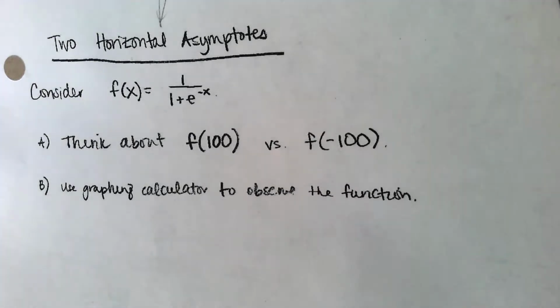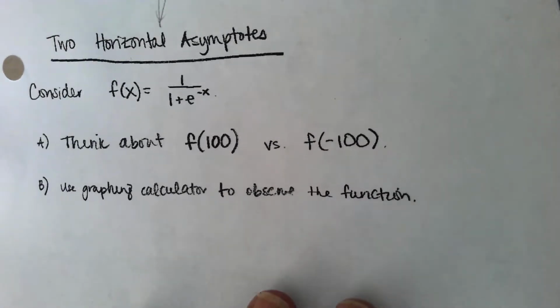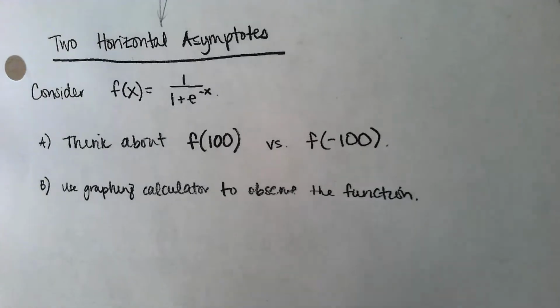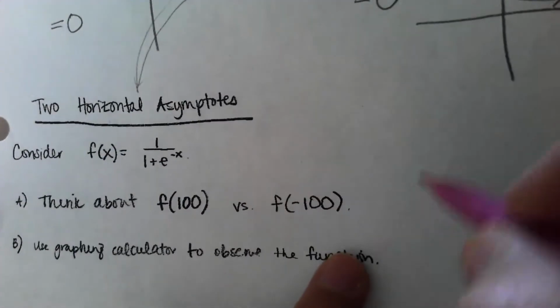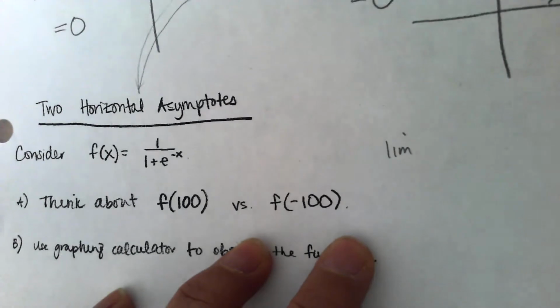And f of negative 100 would mimic negative infinity. Obviously, you can get much larger and much smaller. I thought concrete examples might be the better way, but I think we've plugged in infinity and negative infinity enough already to be able to wrap our heads around that. So I'm just going to do f of infinity, sort of.